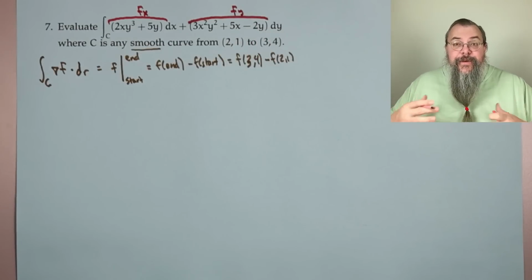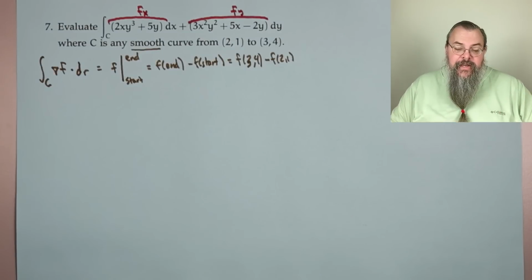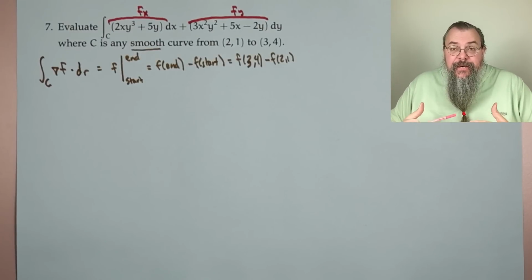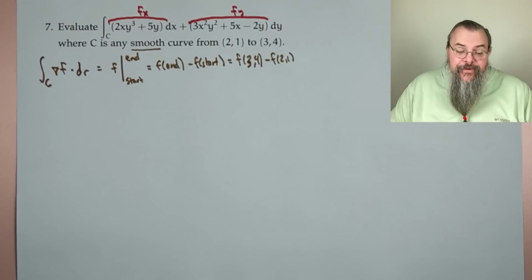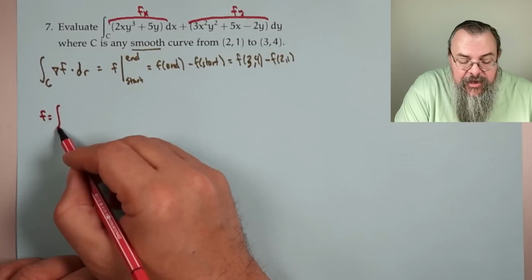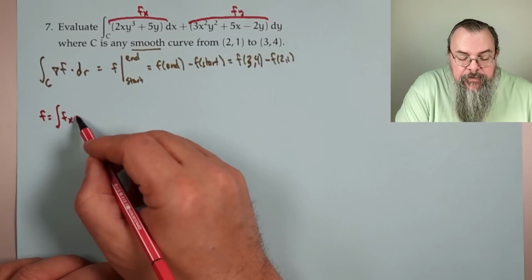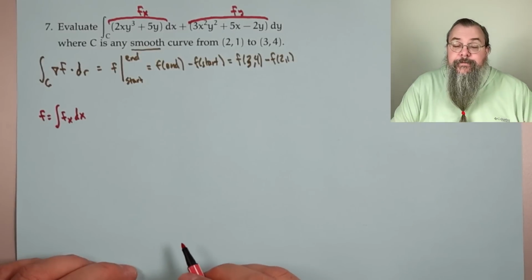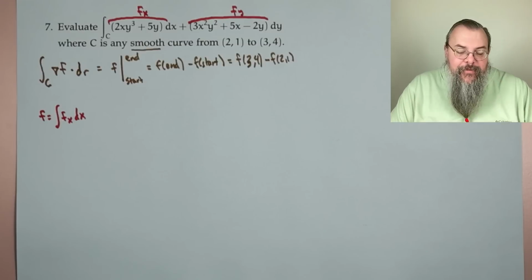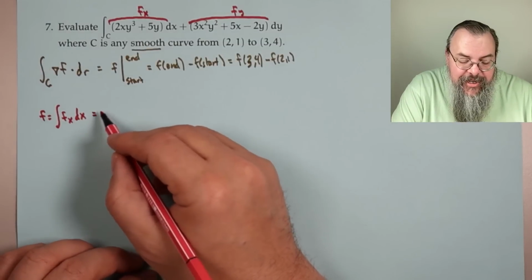So what we have to do is reassemble this. And so what we're going to do is say, well, let's start with our partial derivatives and integrate. So we can say f, well, that's the antiderivative of f sub x with respect to x, right? It's a true statement. So let's take this antiderivative.